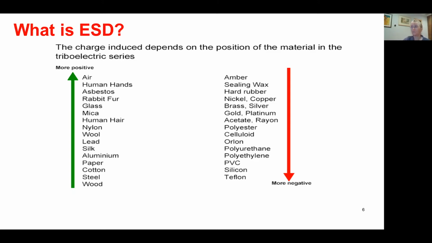And the first triboelectric series, which lists materials in terms of their tendency to become more positive or more negative when they come in contact with each other, was first published by a Swedish scientist about 200 years ago. It's been maintained and refined and added to since then.